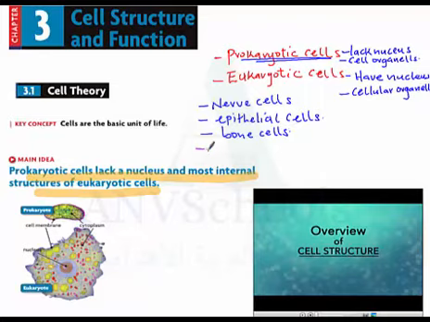In general, cells are microscopic, whether they are eukaryotic or prokaryotic.